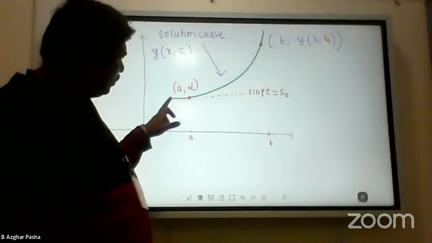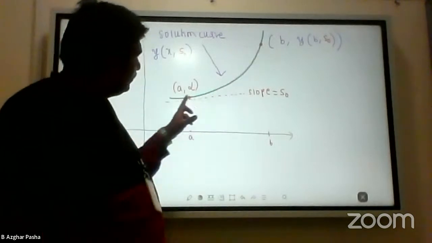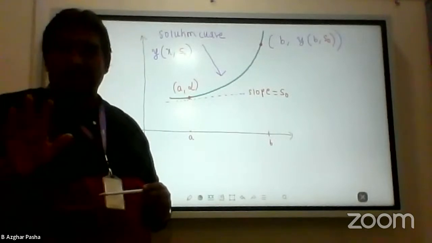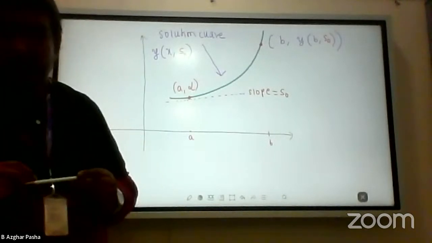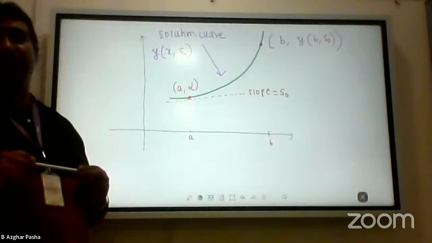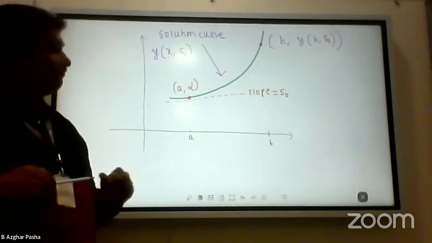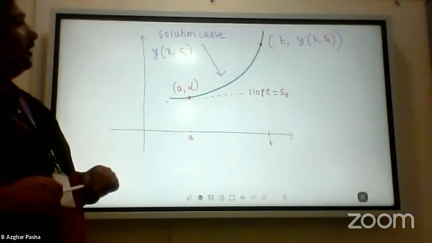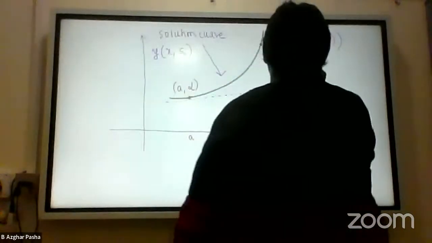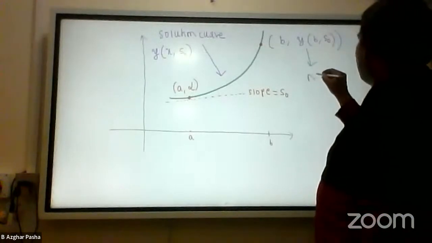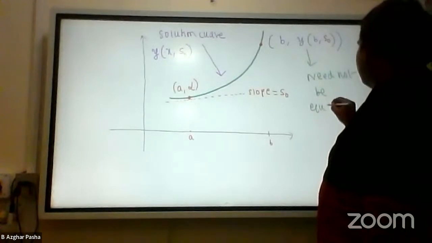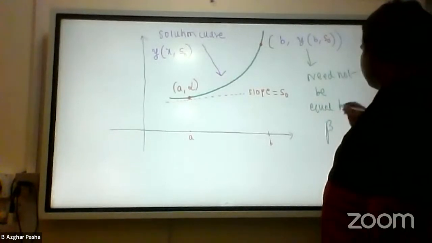So I'll draw the graph. This is the solution curve, but not the solution of the boundary value problem. This is the solution of the initial value problem with some initial guess S0 that I have obtained. And this need not be equal to beta.